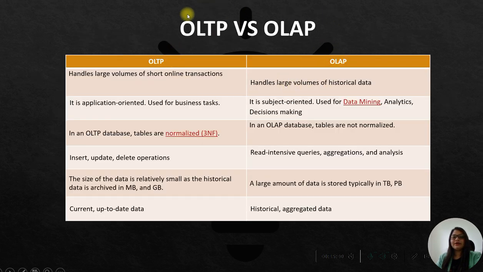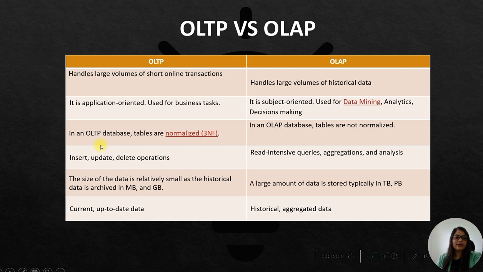Now let's understand the difference between OLTP and OLAP. OLTP handles a large volume of short online transactions, but OLAP handles a large volume of historical data. OLTP is application oriented and used for business tasks, and OLAP is subject oriented. It is used for data mining, analytics and decision making.